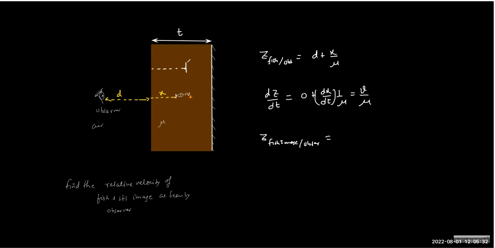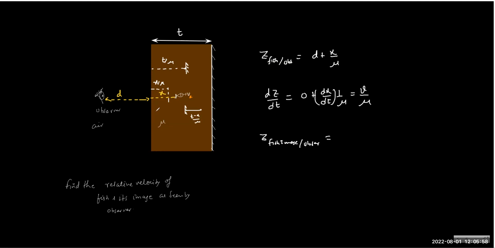The mirror will be t by mu, and the fish will be x by mu. So how much will you see the image distance? t by mu minus x by mu on the right side, correct? So the distance from here will be t minus x by mu.